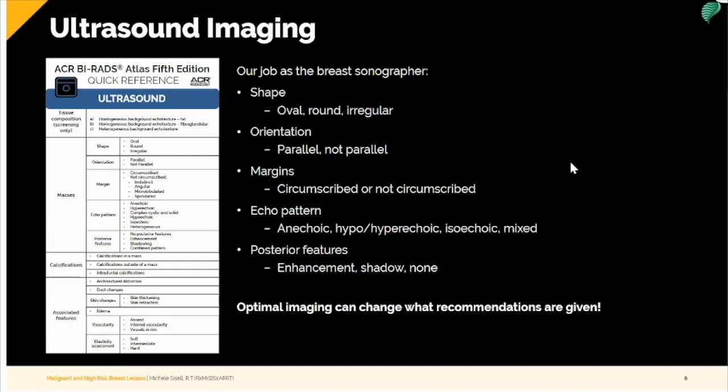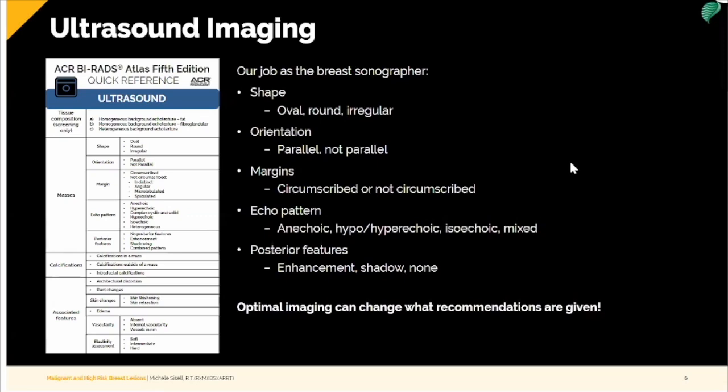Hypo or hyperechoic. Hypo is that it is darker grays than the surrounding fat tissue, or hyper, brighter echoes within the lesion compared to the surrounding tissue. Isoechoic. Isoechoic means it's very similar. You see this a lot with lymph nodes or benign lymph nodes, or it can be a mixture of all of these or a couple of these.